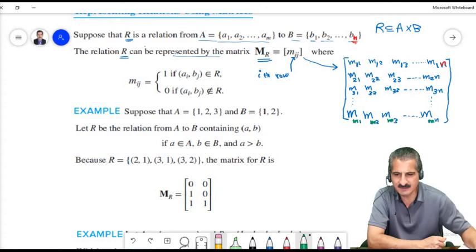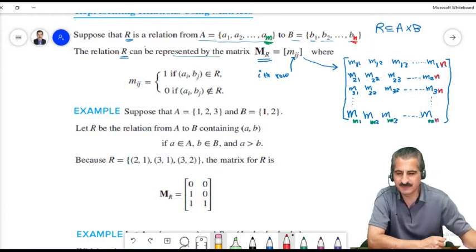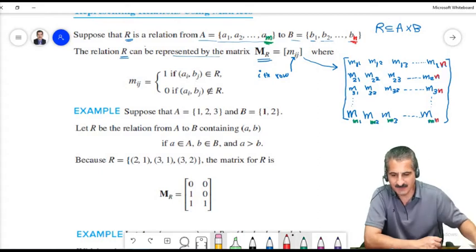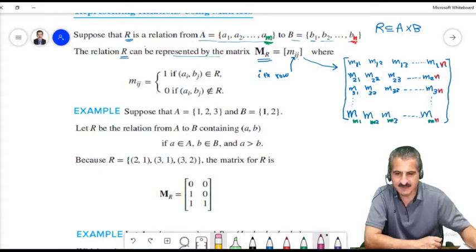It is the number of elements of A. And this n, the number of columns, is the number of elements of B. So the number of rows of this matrix is equal to the number of elements inside A. The number of columns of this matrix equals the number of elements inside B. Now, if you go back here, this index j represents the jth column.